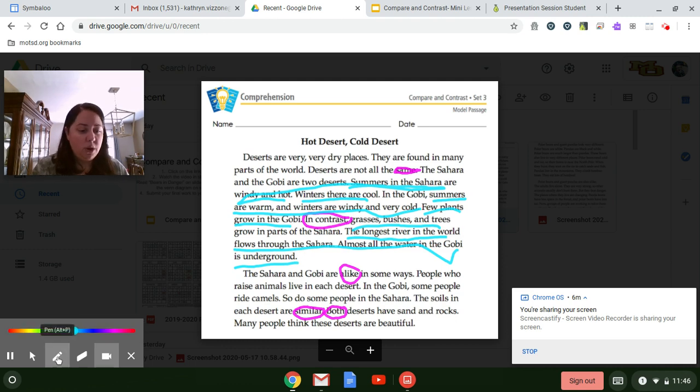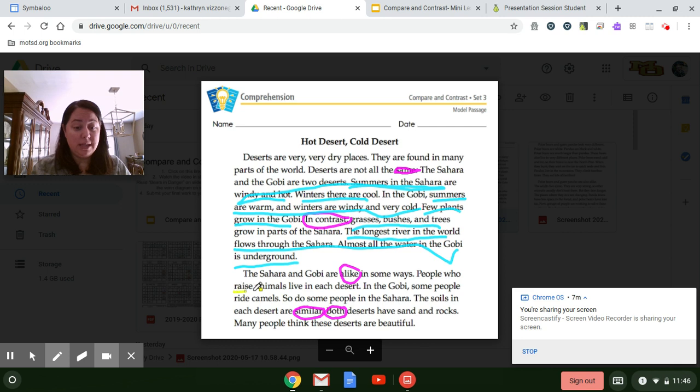Okay, I'm going to change the color and underline some of the similarities in yellow. And if you look, it seems to me that they have many of the differences in the first paragraph and the similarities are going to be in the second paragraph. So it says here, people who raise animals live in each desert.